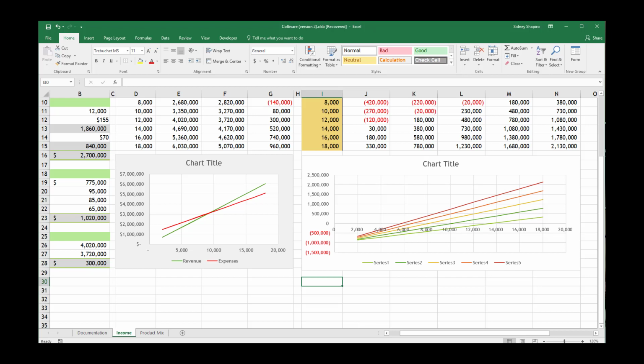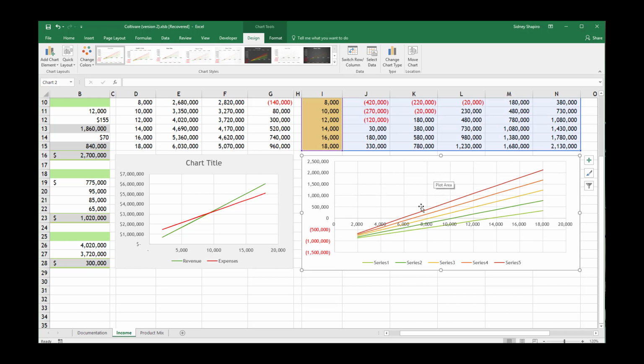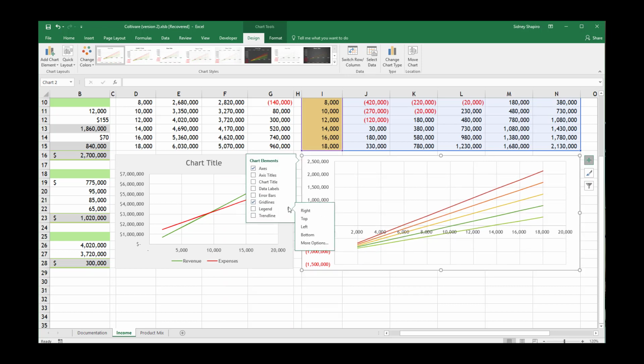Okay, so remove the chart title and position the legend to the right. To remove the title, we just go up here and press delete. And the legend is down here on the side. We need to move it to the right. So how do we do that? We go up here, click on legend, and we'll put it on the right.